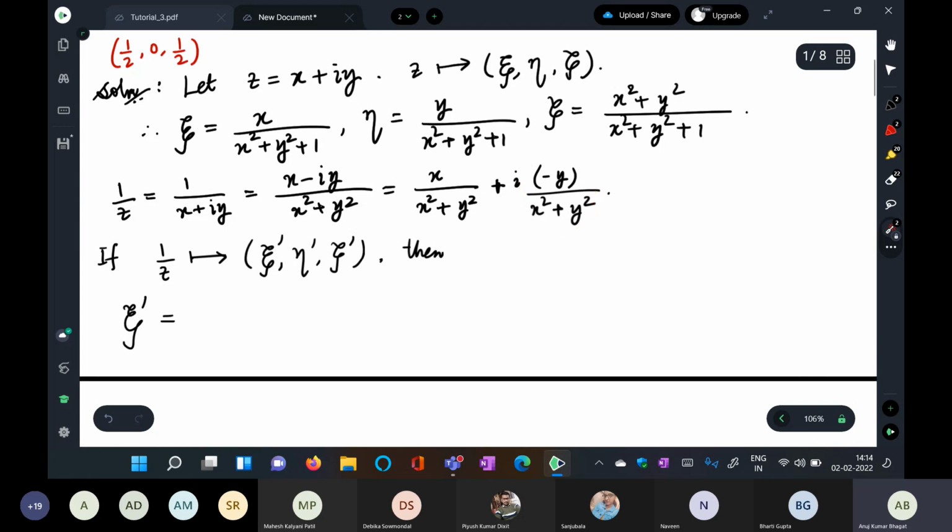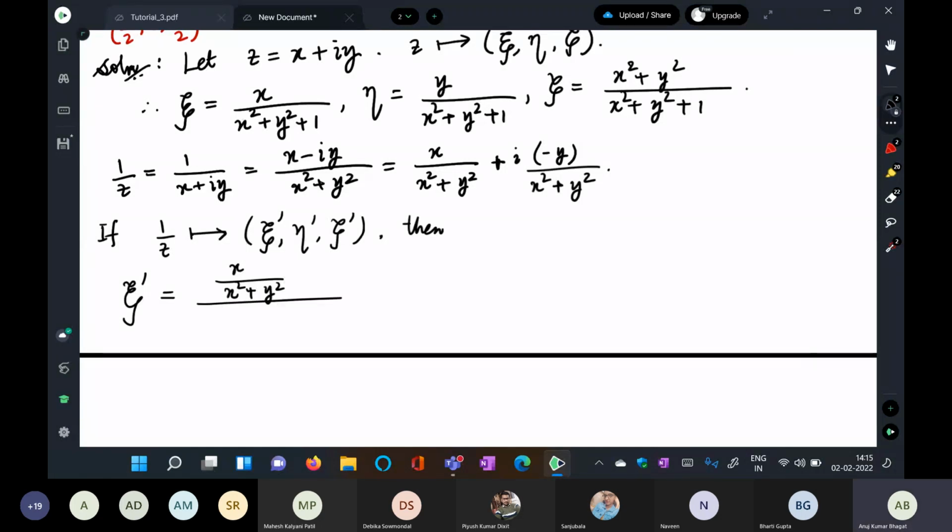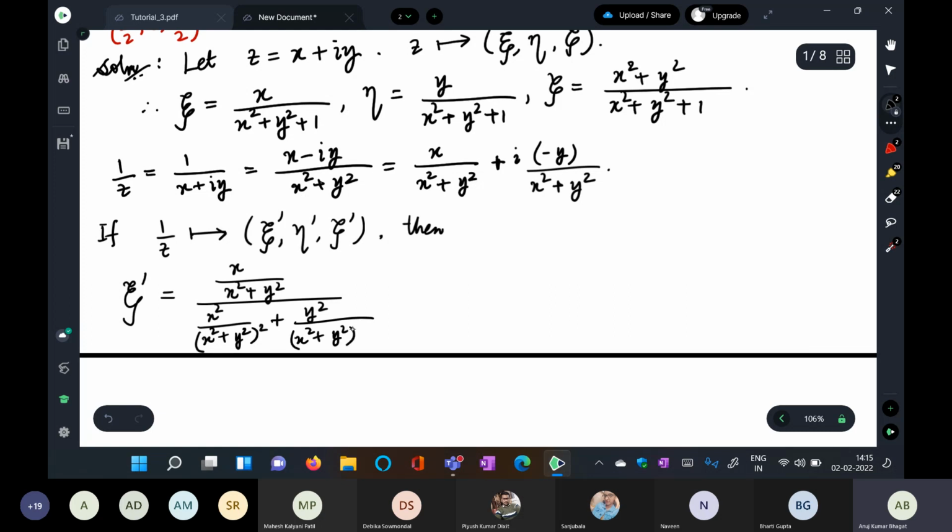Using the formula of stereographic projection, the real part is x by x square plus y square, divided by the modulus square, so this square plus this square. So x square by x square plus y square whole square plus minus y whole square is y square again, so y square by x square plus y square whole square, and plus 1.